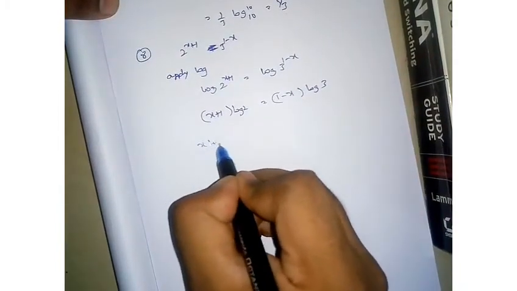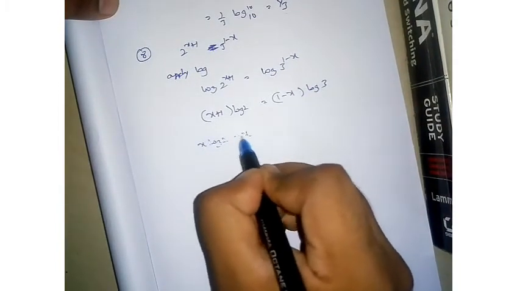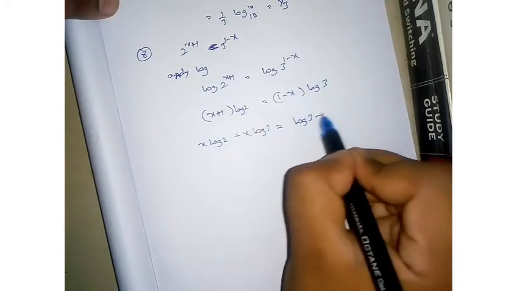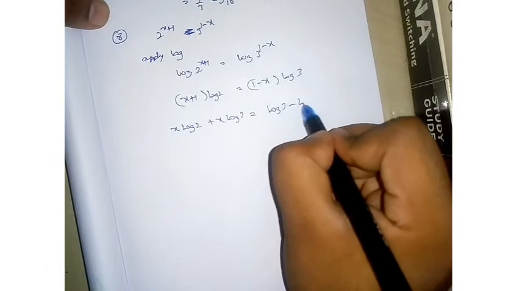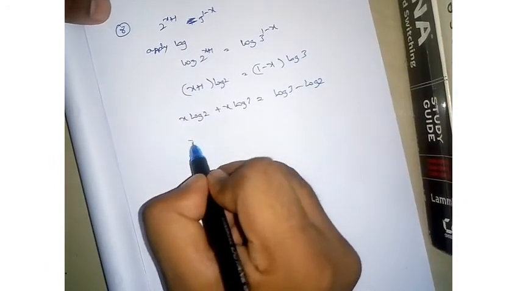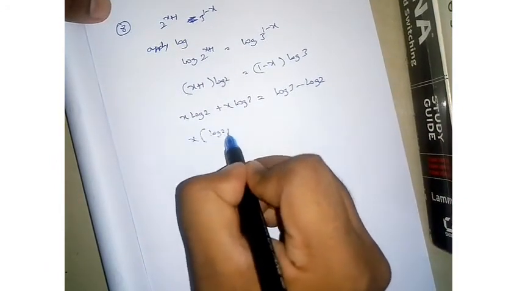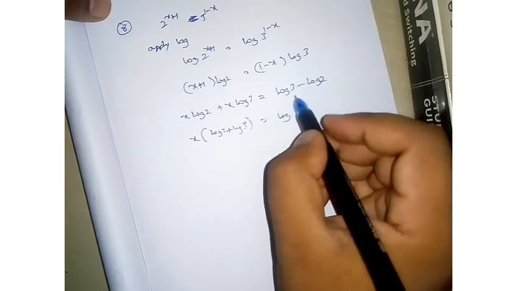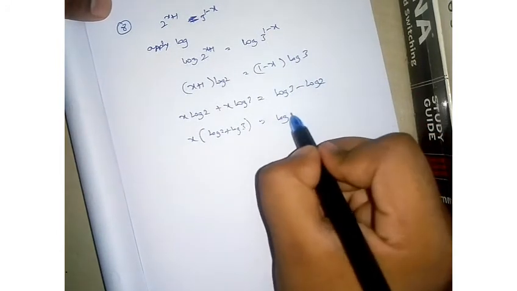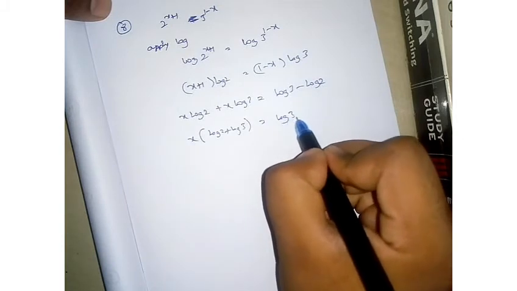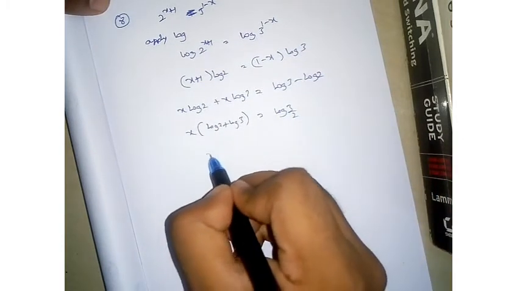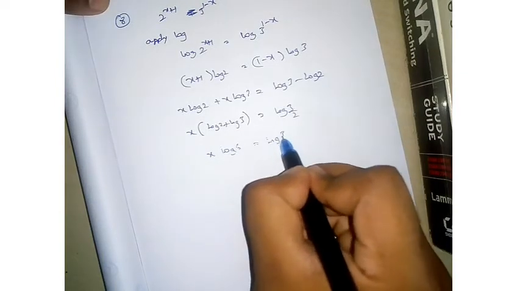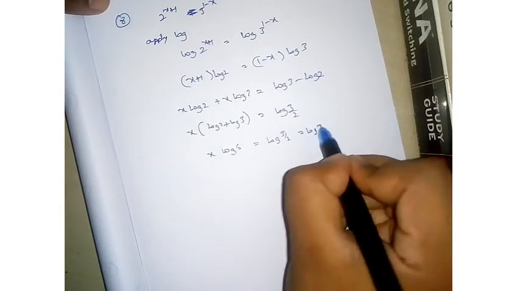You can write it as x log 2 plus x log 3 is equal to log 3 minus log 2. So if you take x common, you get x (log 2 plus log 3) is equal to log 3 by 2. So x log 6 is equal to log 3 by 2, or you can write it as log 3 minus log 2.